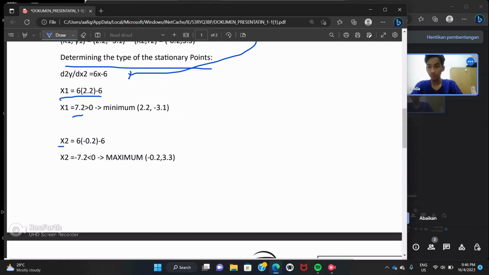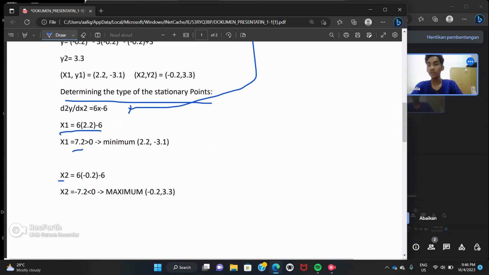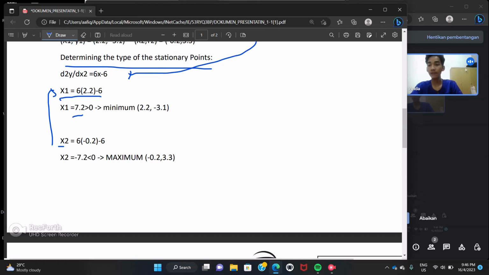For x2, take x2 equals negative 0.2 and change it just like the x1. So 6 times negative 0.2 minus 6, put into the calculator, and you will get negative 7.2, which is smaller than 0.